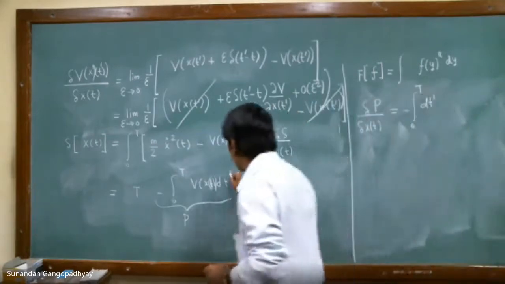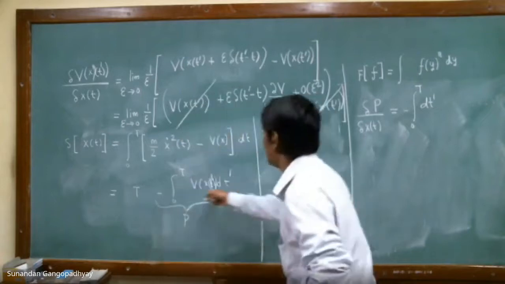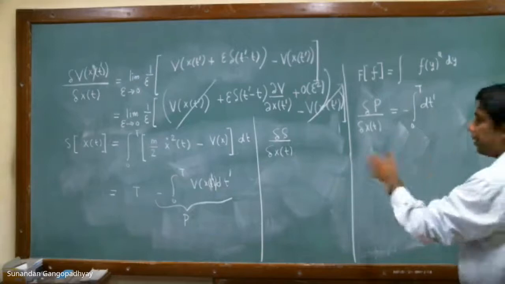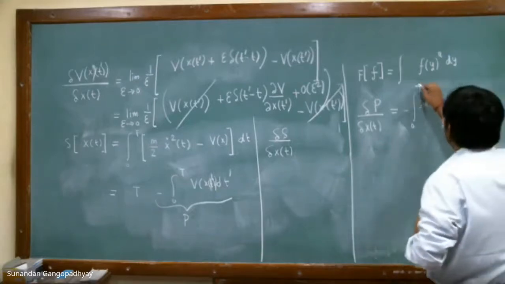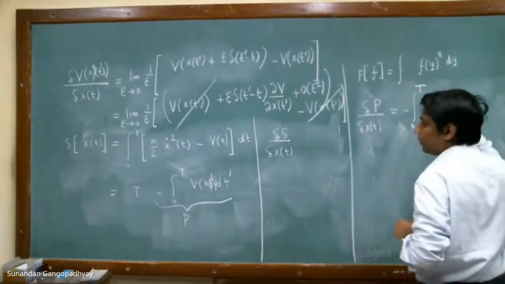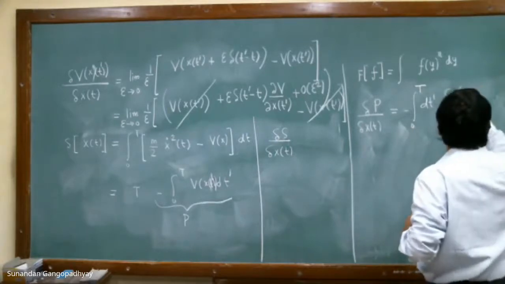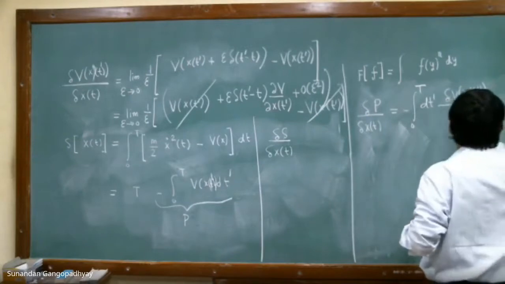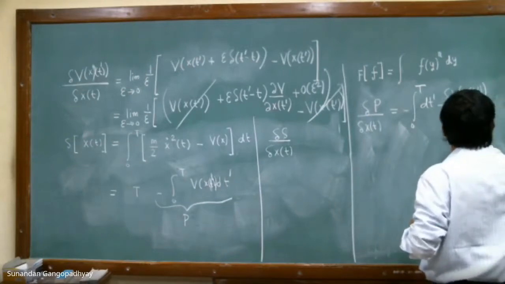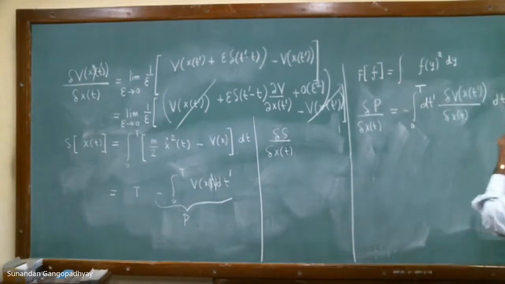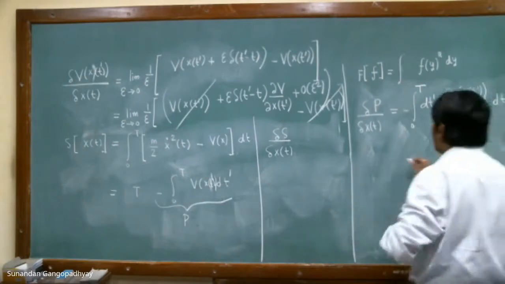I shall make this prime, because this t prime is a dummy variable, the integration variable. So I shall make that dt prime, and now what I require is delta V of x t prime by delta x of t, dt prime.